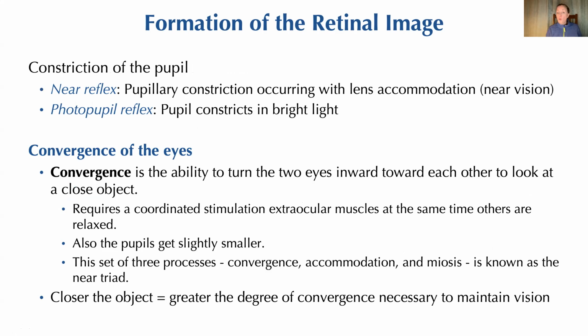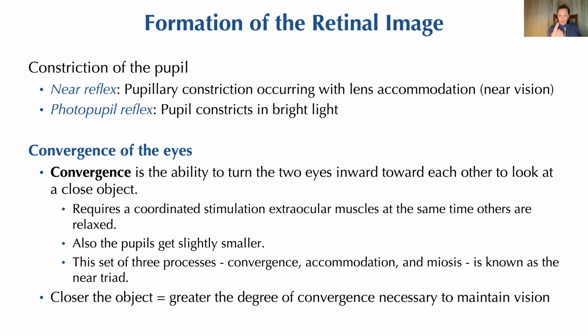We also have what we did in lab that one day, the consensual reflex, which is where if I flash light in one eye, it doesn't just constrict this eye, it also, with that optic chiasm and the communication of the nerves across each other, will cause the opposite eye to constrict at the same time, all right?